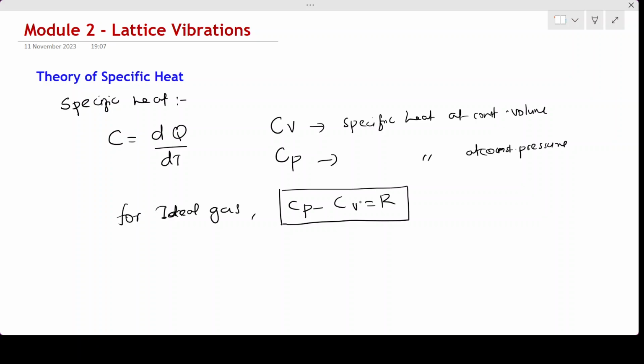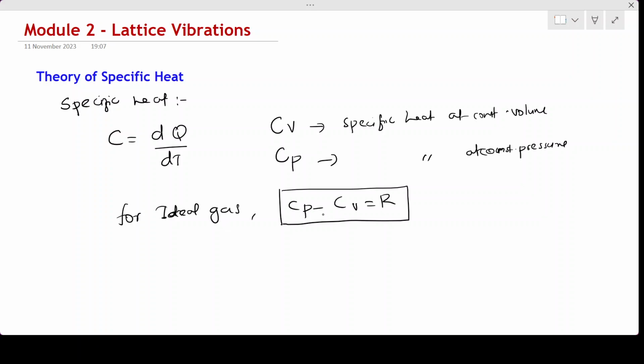Whereas in the specific heat capacity at constant pressure, the heat introduced is used to increase the internal energy, and it also does work against the external pressure as well.